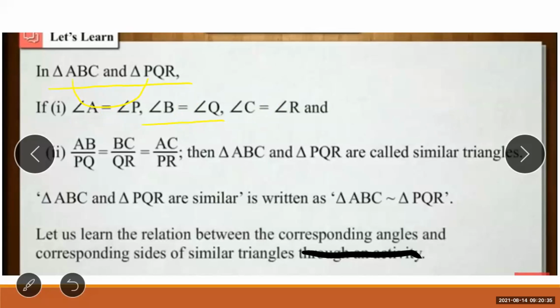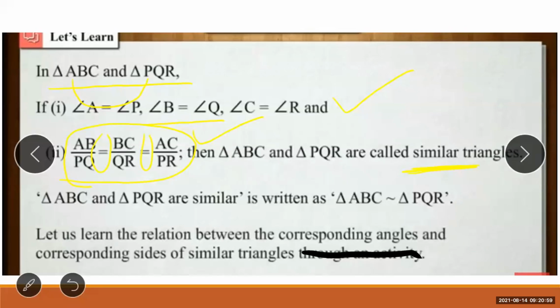When the corresponding angles are congruent to each other, and the ratio of corresponding sides is equal to each other, then we can also say the triangles are similar.